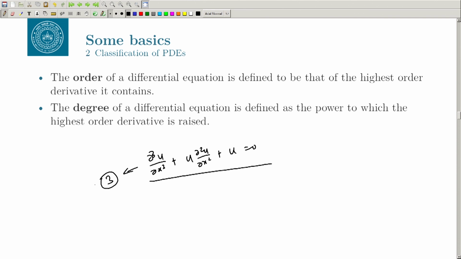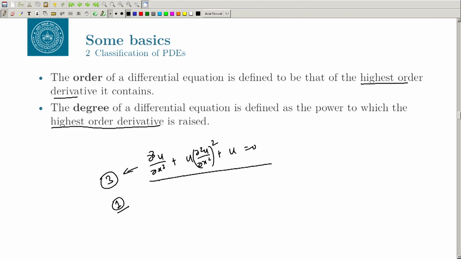And now, the degree of the differential equation is defined as the power to which the highest order derivative is raised. So, remember this highest order derivative is very important when you are characterizing a PDE, right, and we will come to this again and again, right. So, for example, in this if you see the degree is 1, right. So, let us say if I raise this ∂²u/∂x² to the power of 2, right, still the degree remains 1. Why?